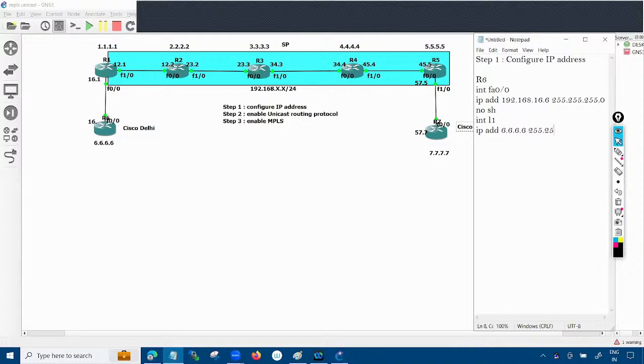Okay, let's go with the /32. On R1, I have 150 on interface 0/0, 16.1. And then I have a loopback as well, /32, 12.1.